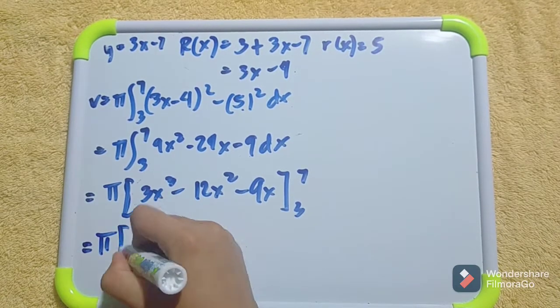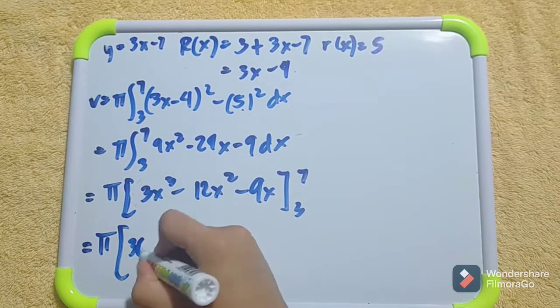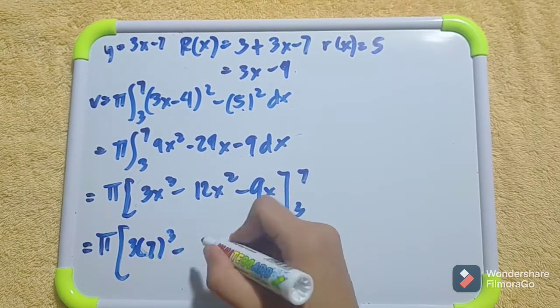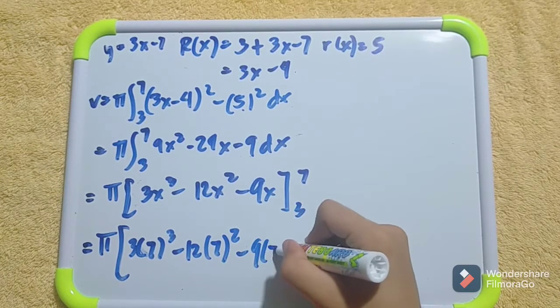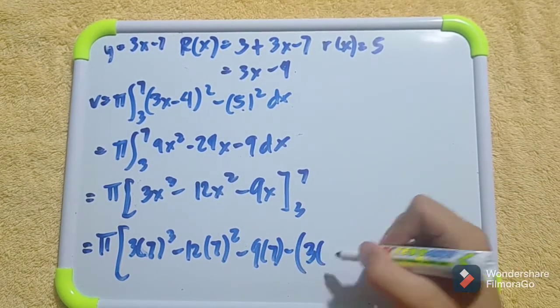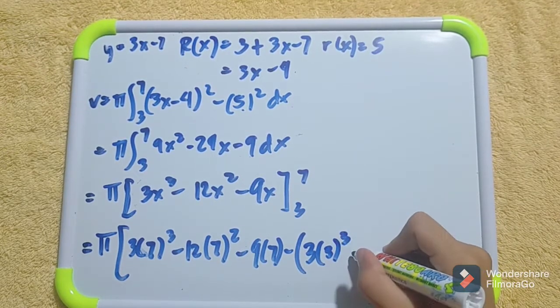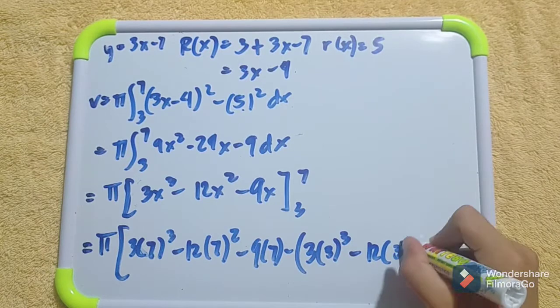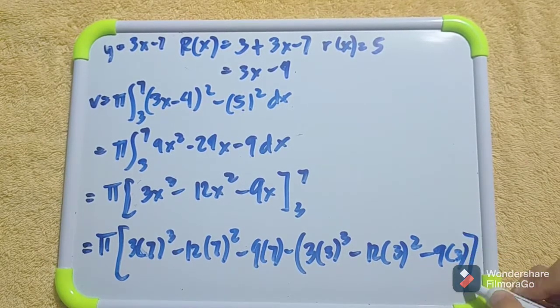So, pi times 3 times 7 cubed minus 12 times 7 squared minus 9 times 7, minus 3 times 3 cubed minus 12 times 3 squared minus 9 times 3.